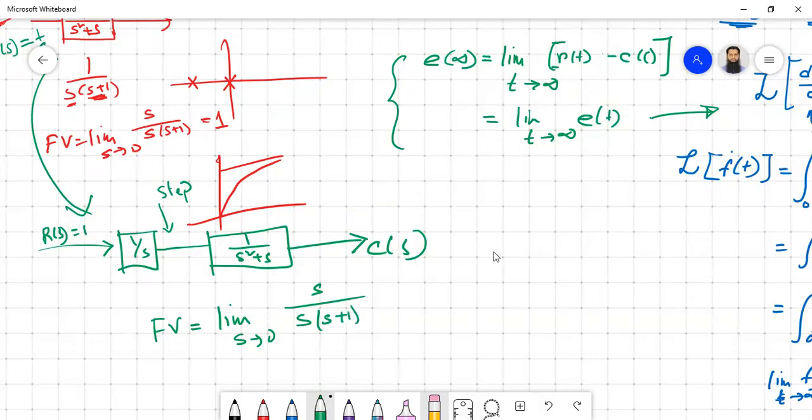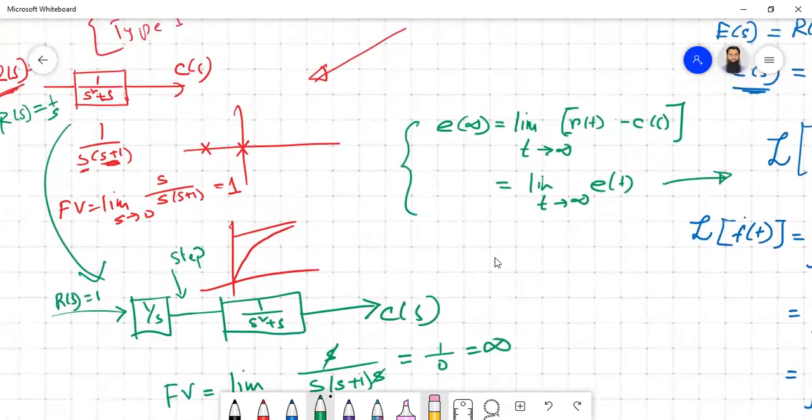So this is the system as well as the one that is for the step. So this one is getting cancelled out. So what is left: if you set S equal to 0 here, then 1 by 0, okay, so infinite. So the error is also because of the applied input.